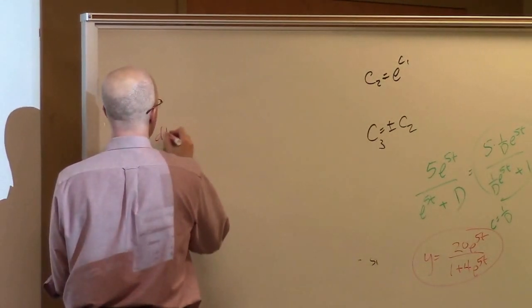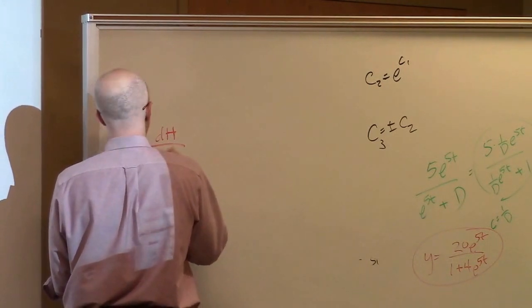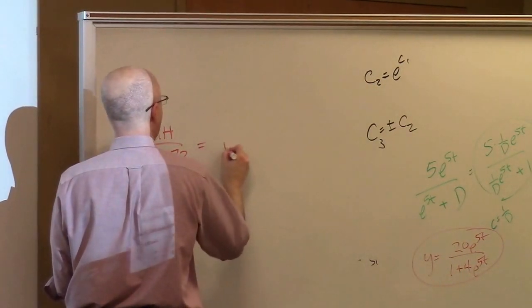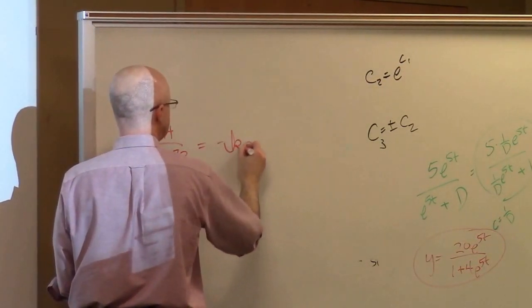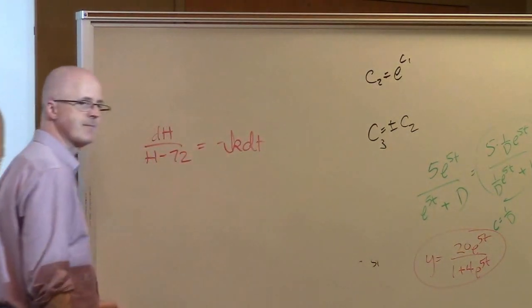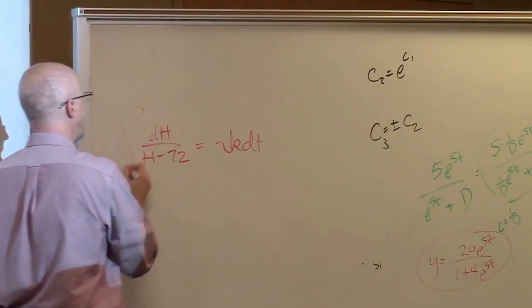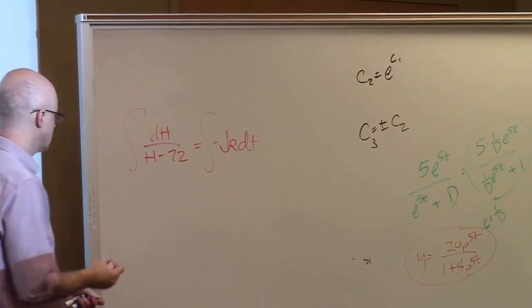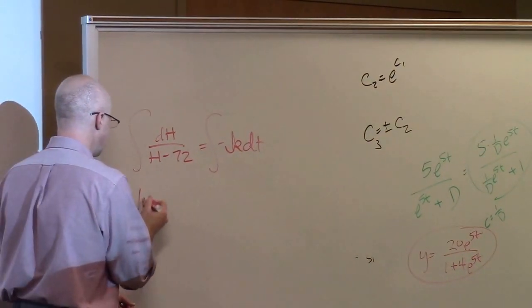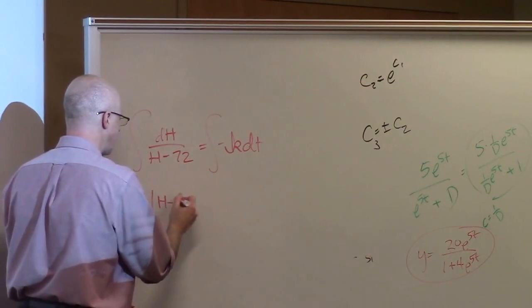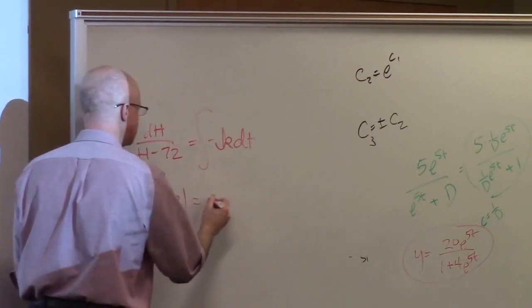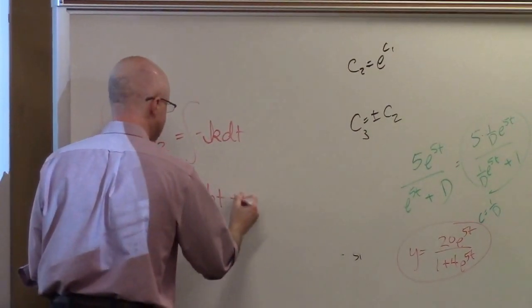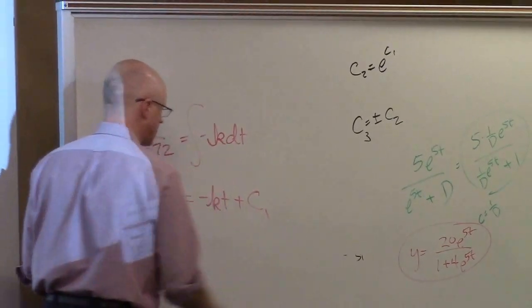You can write dH over H minus 72 equals negative k dt. Integrate both sides. You don't have to bother with partial fractions. Looks like we're going to get the natural log of the absolute value of H minus 72 is negative kt plus C1, I'll call it.